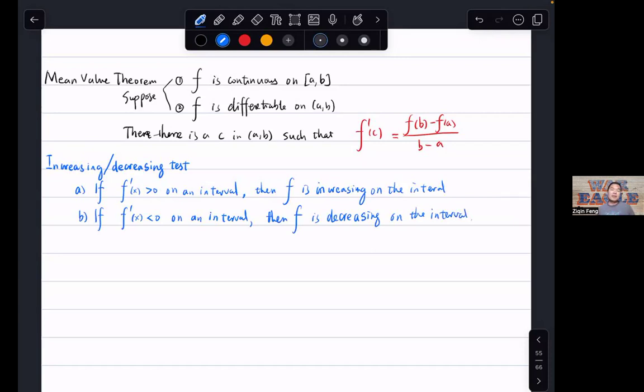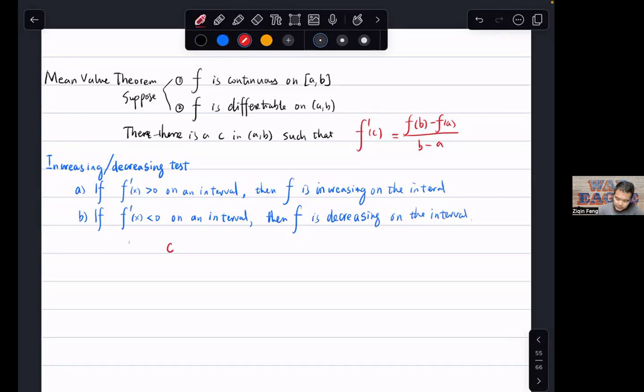So what happens when f prime of x is 0? We know that if f prime is 0, or f prime of that number doesn't exist, then you get a critical number. Let's decide what happens at a critical number.